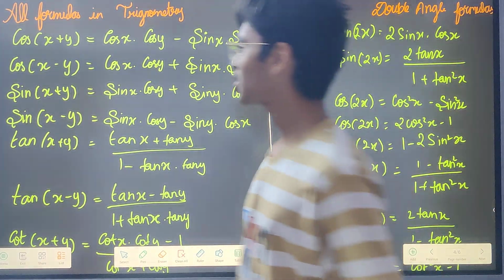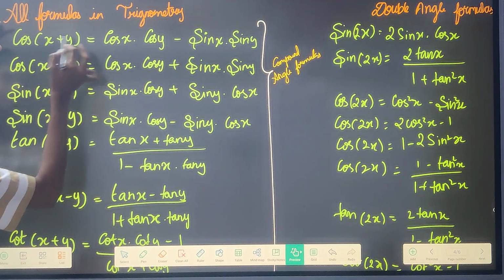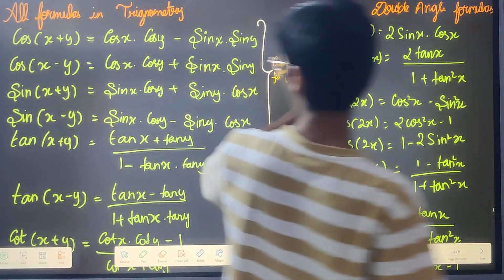So in the comparison, cos(x plus x) becomes cos 2x.